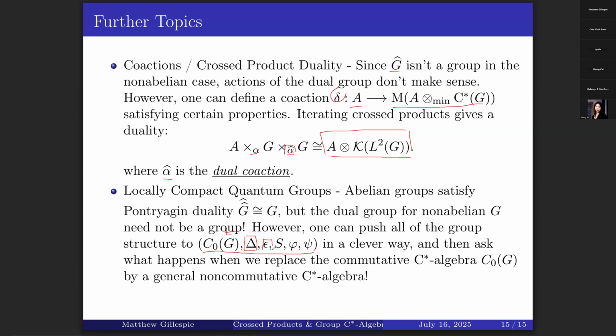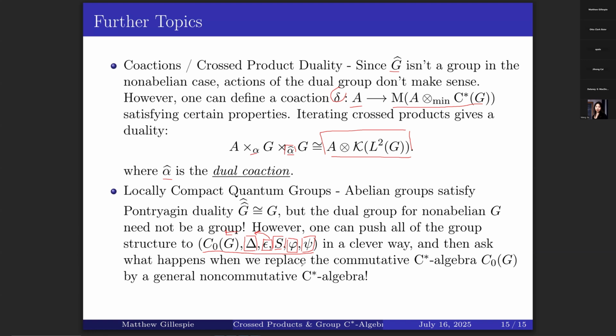G has a unit. This is a co-unit of my quote-unquote quantum group C0 of G. G has group inversion. S is an antipode, which is like the group inversion. And G also comes with a left and right Haar measure. This is called a left Haar weight phi, which is like the left Haar measure of my quantum group. And psi is like our right Haar measure. It's called the right Haar weight.